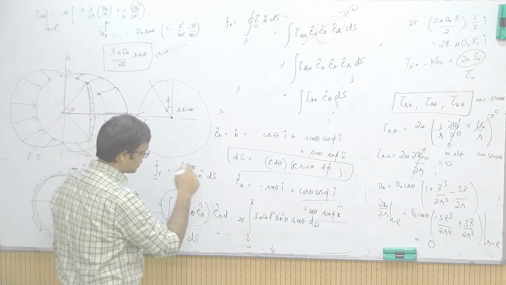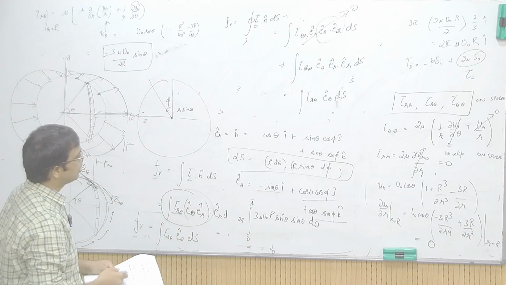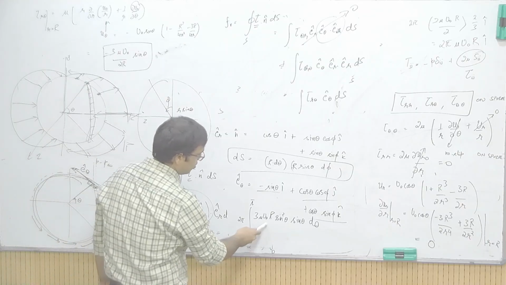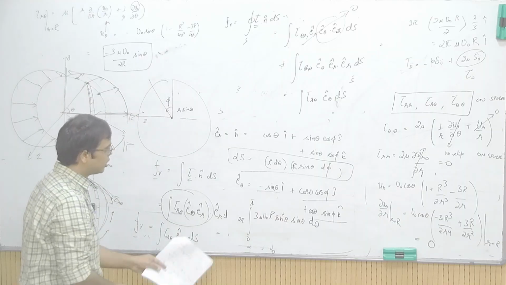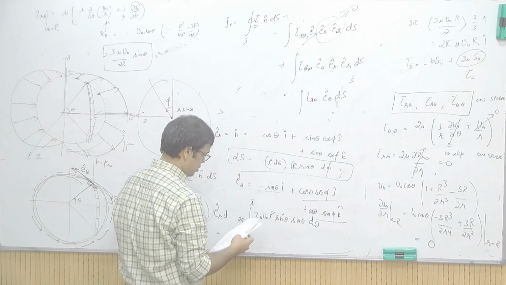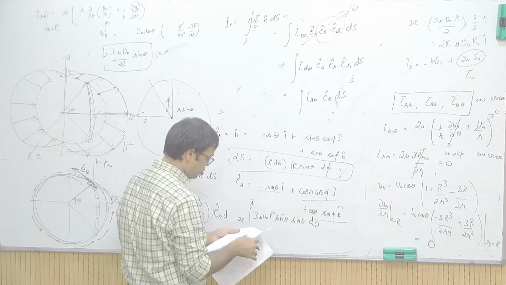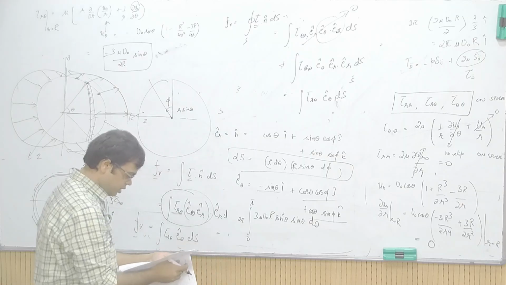Okay, this is what you will have. There's a minus here, there's a minus here, so things cancelled out. You have a sine theta from here, a sine theta from here, and a sine theta from here. So essentially we have to integrate sine cube theta. What is the integration of sine cube theta from 0 to pi? What is it going to be?